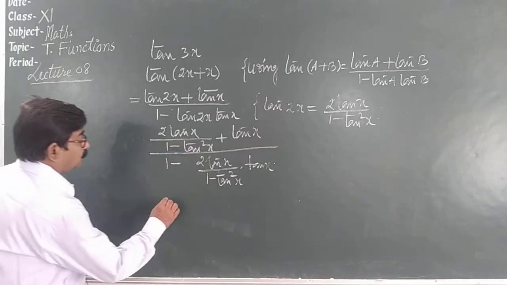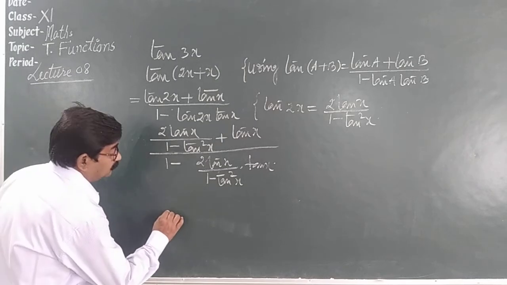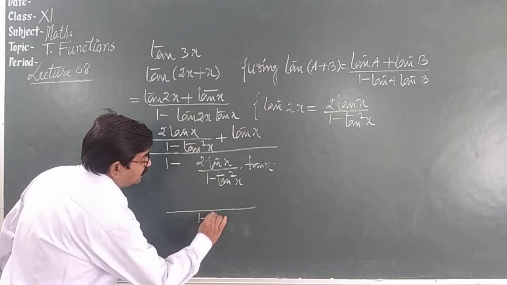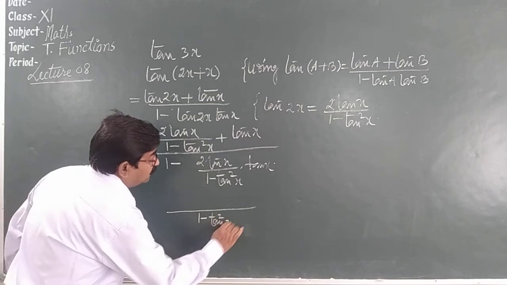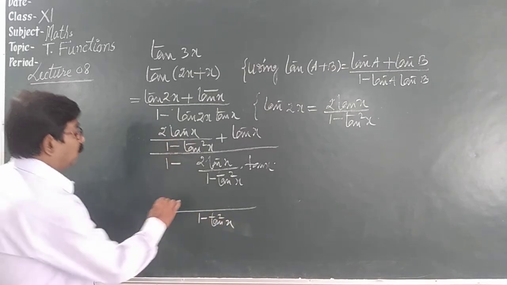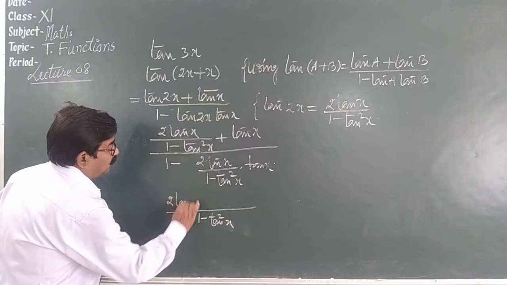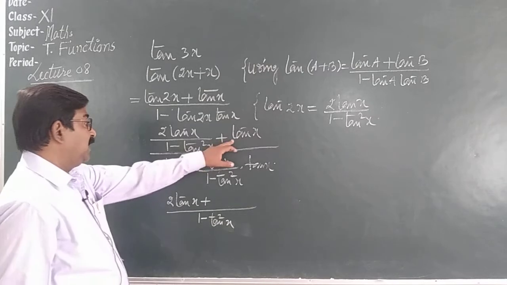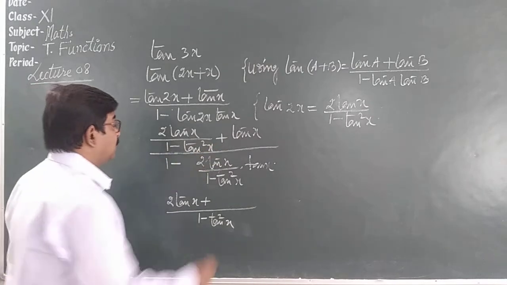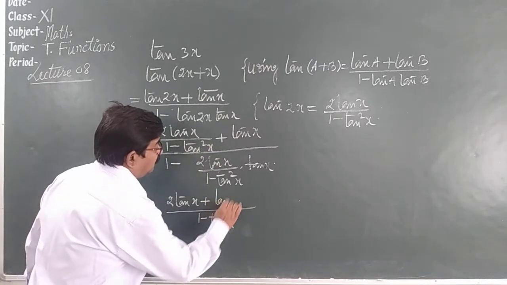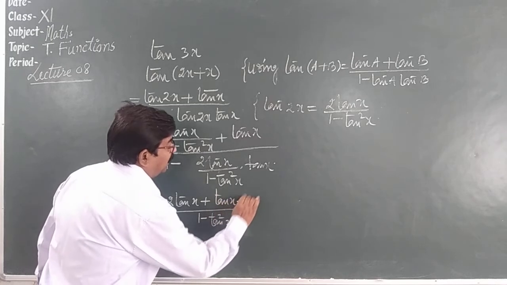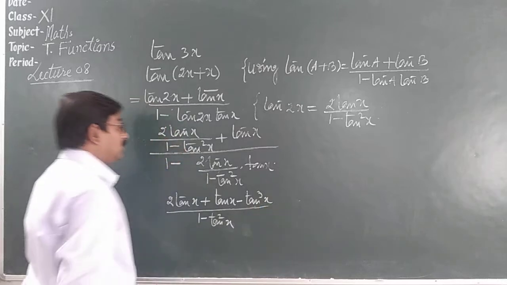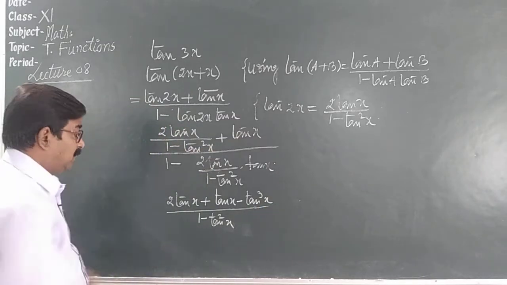So see, LCM is 1 minus tan square x for the numerator. So we have 2 tan x plus tan x into tan square x. So we have tan x minus tan cube x. Got it? Multiplied.